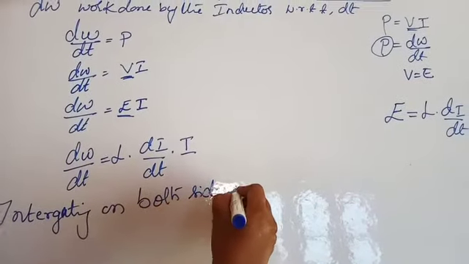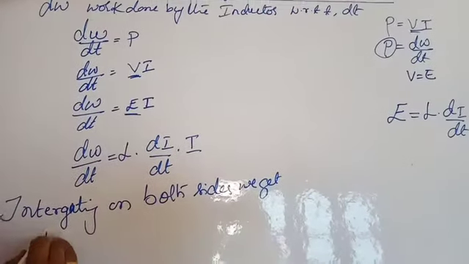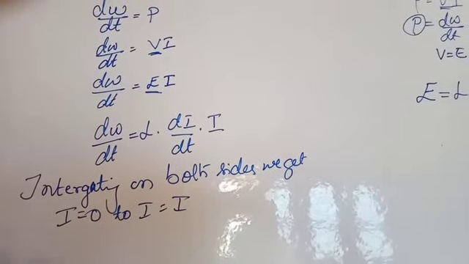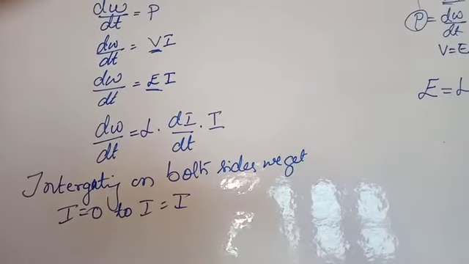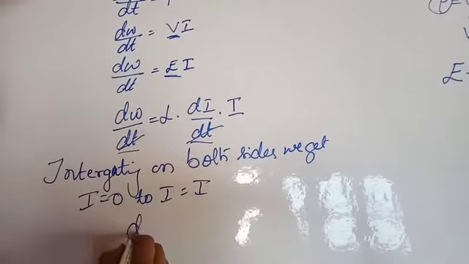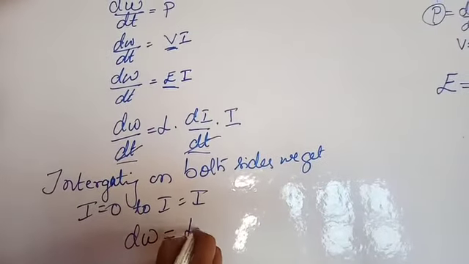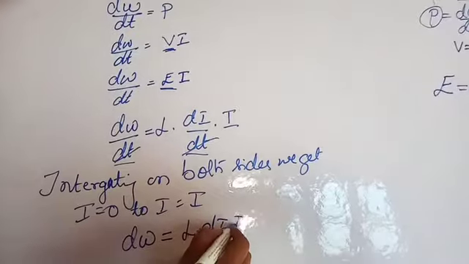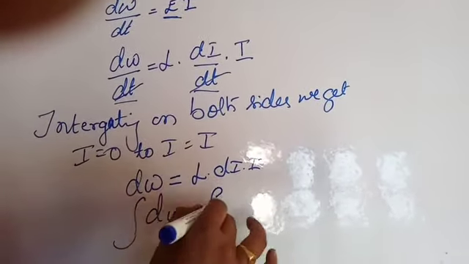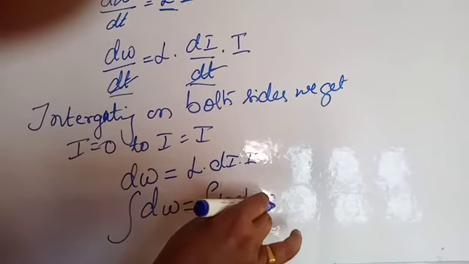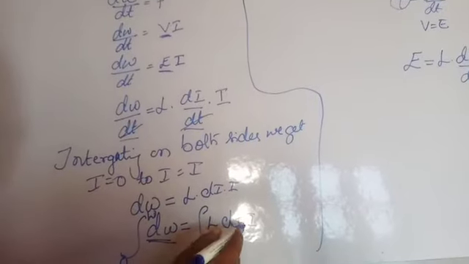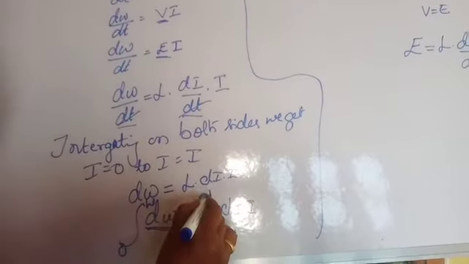When we integrate, we take the limit from i equal to 0 to i equal to I. Then you can see dt will cancel. The remaining is dW is equal to L into di into I. Then the integral of dW is equal to the integral of L into I di, with the limit 0 to I.